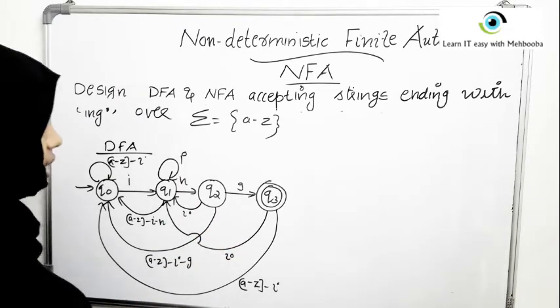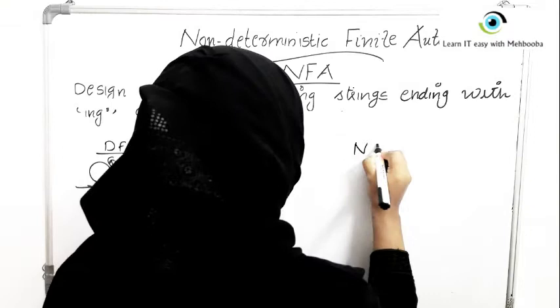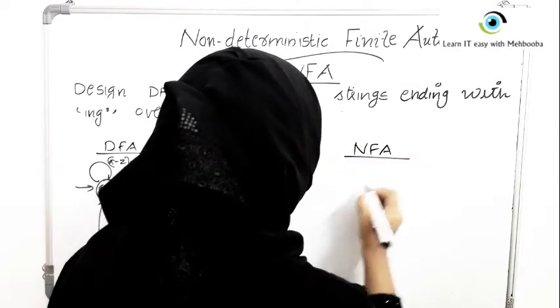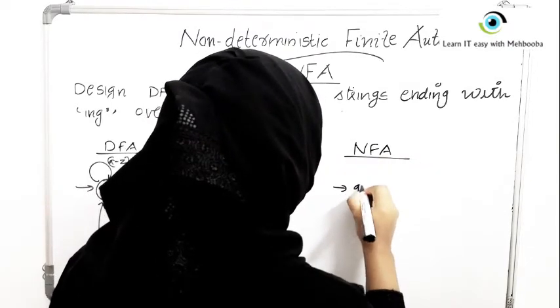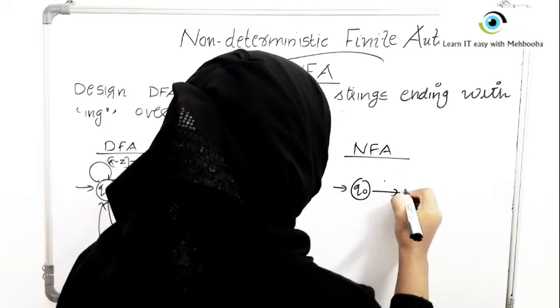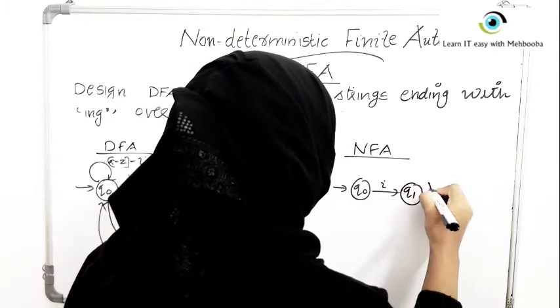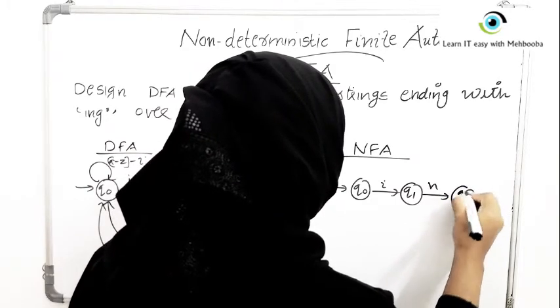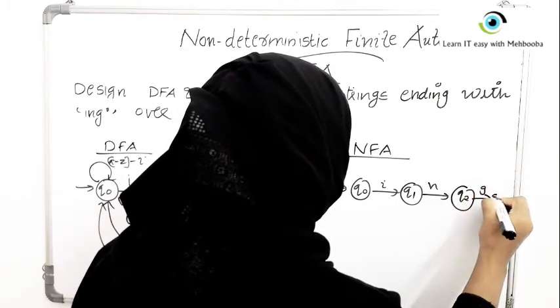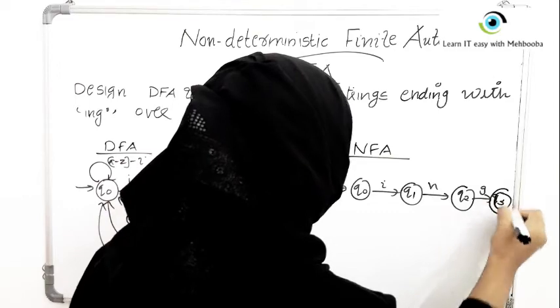Now we will draw the NFA. As usual, NFA for this is quite easy. That is, the minimal string is Q0, I, Q1, N, Q2, G, and Q3 is the final state.